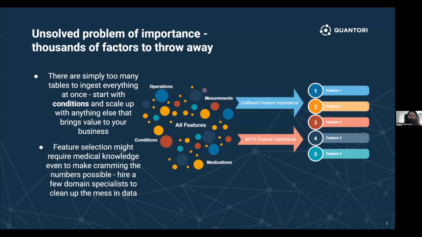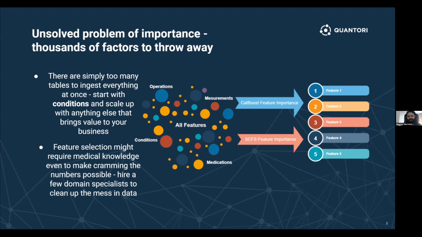So there are many unsolved problems, and the first one is the importance. There are just too many factors, and you cannot just throw everything at the model and expect it to work. So usually what you do is start with only conditions, so like diseases, as we discussed, and scale up from it. But conditions, even on their own, there could be like 20K features, and mostly they're intersecting, sometimes they're screwing up data, and you need to filter that out.